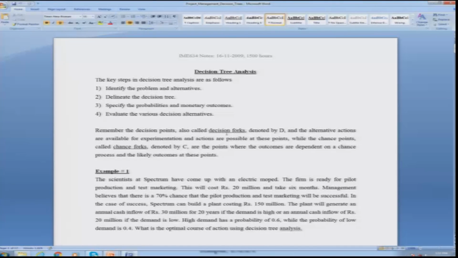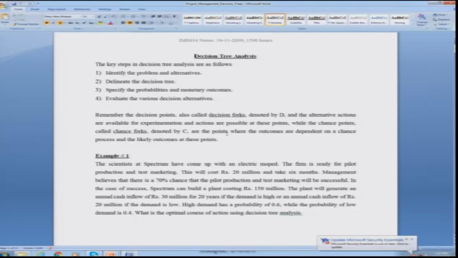Now I have shifted from PPT to a Word document, because drawing the diagram with all the decision nodes was much easier in Word, even though there are other software you can use. So, consider this first set of points which we have already discussed.